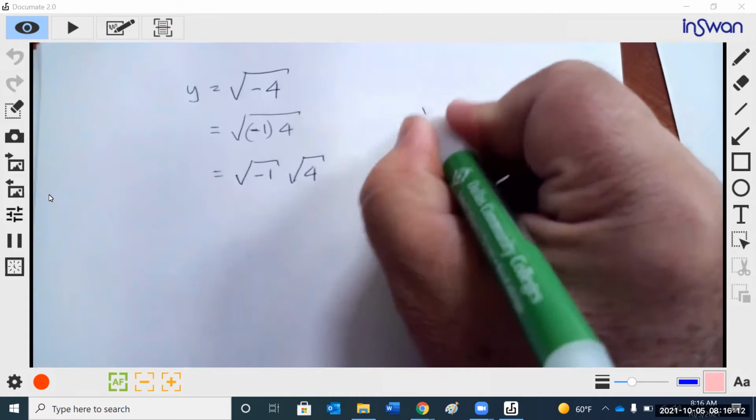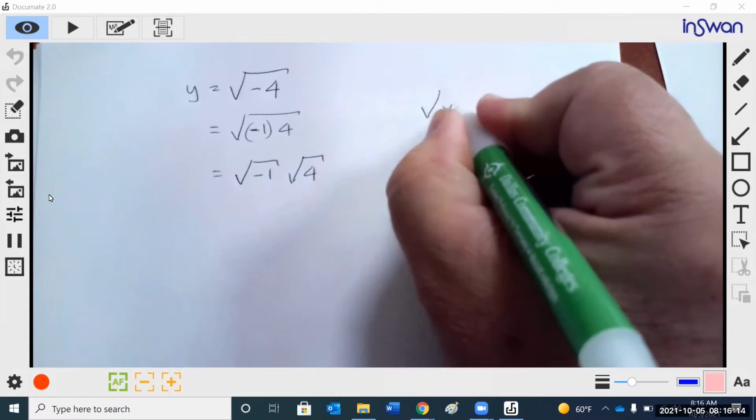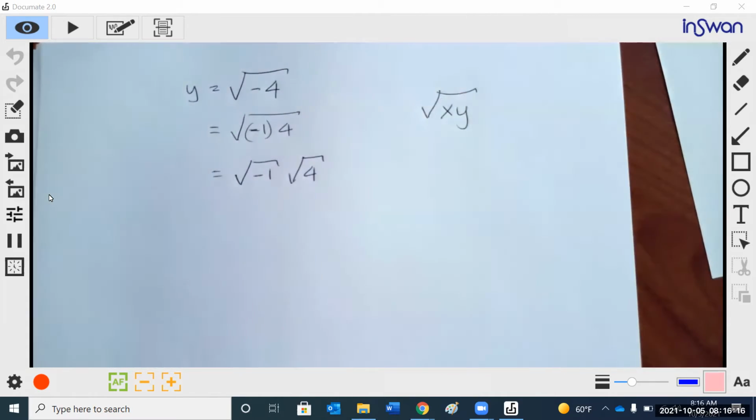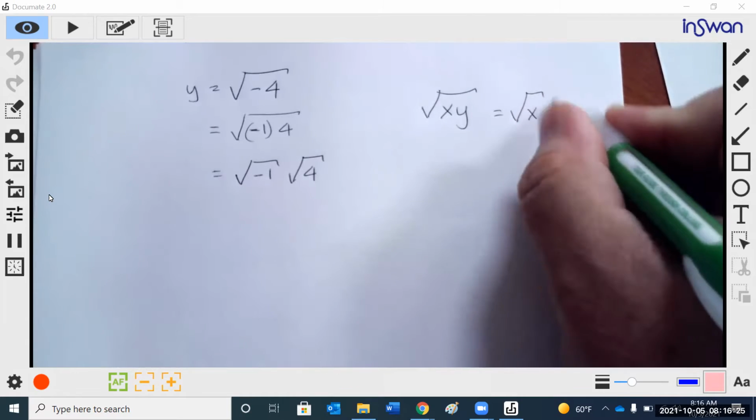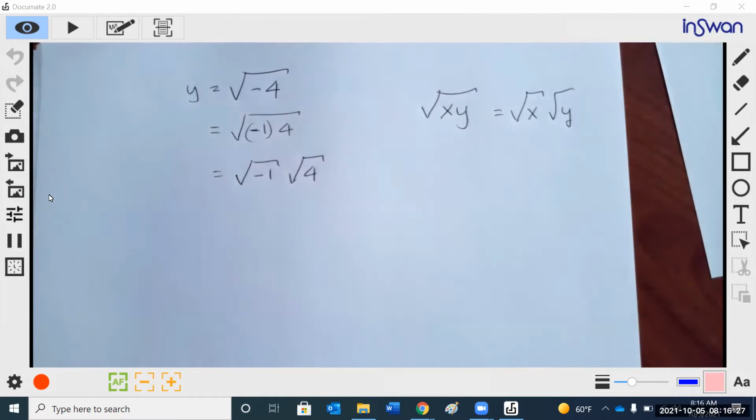There's a rule. If you have a product of two numbers inside the radical, then you take the product of each radical separately.